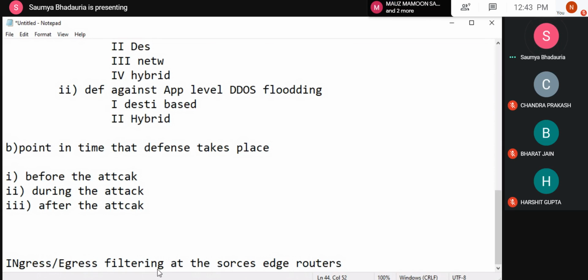I told you about packet filtering. Packet filtering is where you add a filter which would be programmed accordingly as to which packets need to be passed and which packets need to be dropped. Similar to that concept, you have something referred to as ingress or egress filtering.